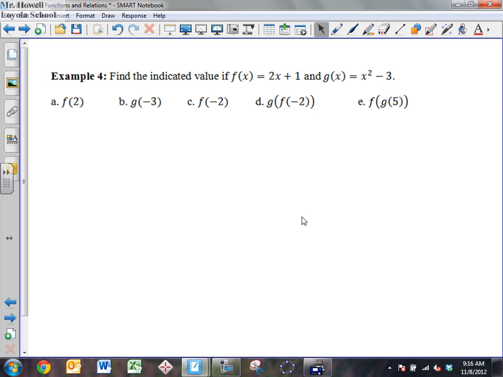Good to know, okay. So what this means, let me translate in words for you. And this is what you might want to write down. This right here means, what is the value of the function f when x equals 2?